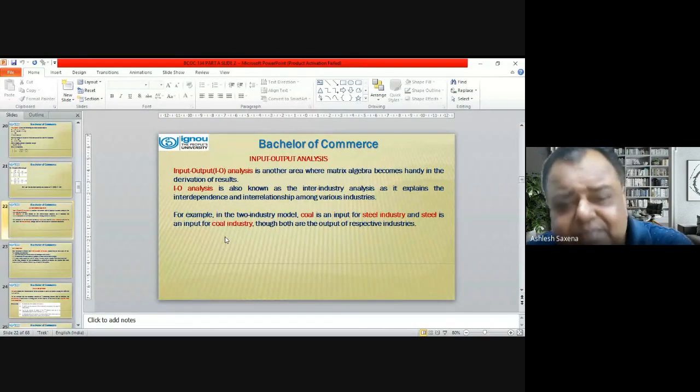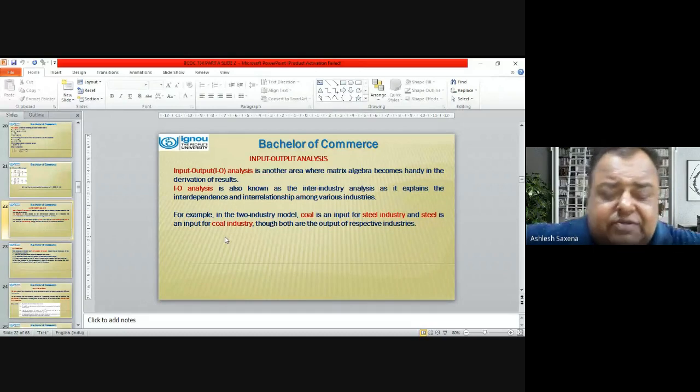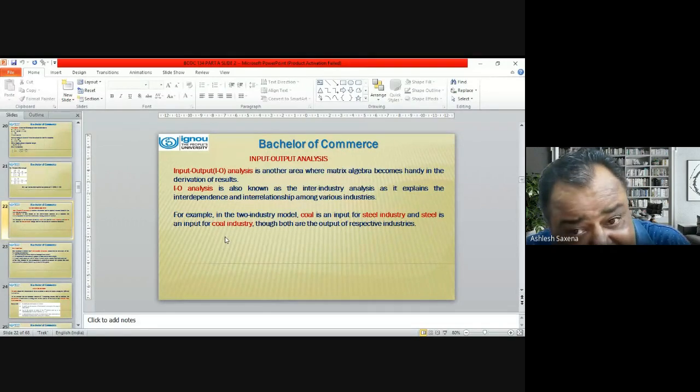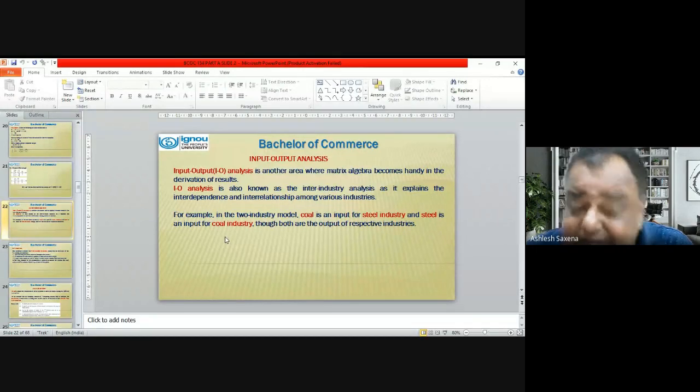For example, in the two-industry model, coal is an input for the steel industry, and steel is an input for the coal industry, though both are the outputs of respective industries. See the relation, how economics played a vital role.